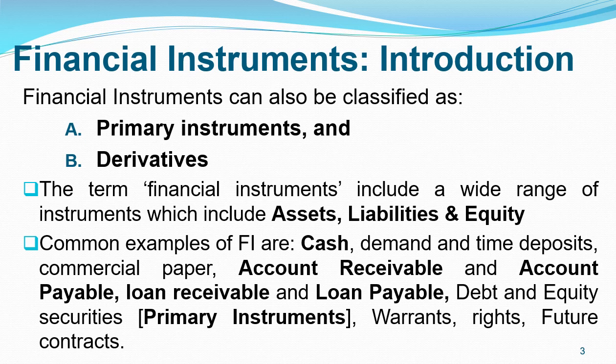Among the common examples of financial instrument, we have cash, demand and time deposit, commercial paper, account receivable, account payable, loan receivable, loan payable, debt and equity. That is a group of primary instrument. We also have warrant, right, and future contract as examples of derivative.